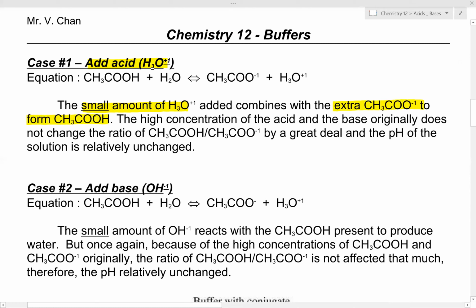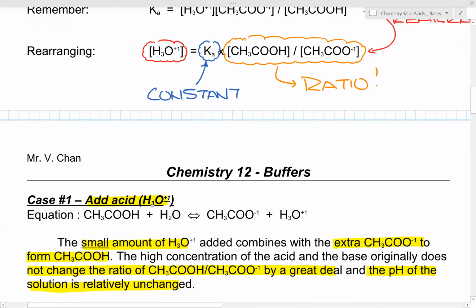The high concentration of the acid and the base originally does not change the ratio of the acid and its conjugate base by a great deal, and the pH of the solution is relatively unchanged. Again, if we look back at this top equation here, the concentration of H3O+ is dependent on the Ka constant and the ratio of the acid and its conjugate base. So if the ratio amount doesn't change very much, then H3O+ stays constant.